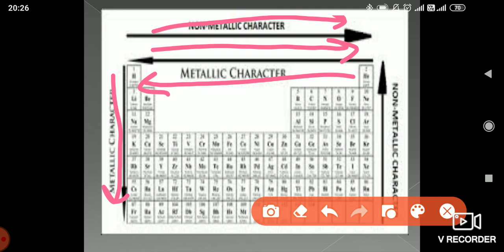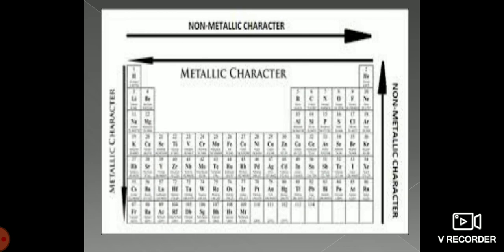Similarly, the non-metallic character increases from left to right because non-metals are electronegative and metals are electropositive. So depending on the metallic and non-metallic character, we can also explain the electropositive and electronegative nature.